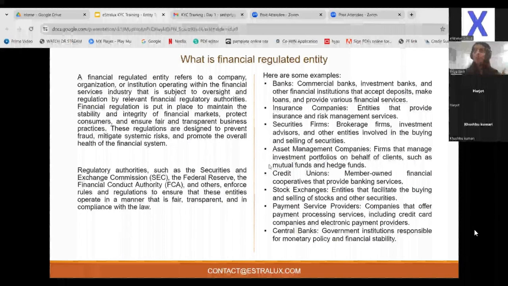Because they are governed by somebody and you have full and blind trust in them, because it is a regulated body. That means they follow certain policies and procedures in order to prevent any fraud, any risk, and they maintain a very healthy financial system. So that is basically a regulated entity.